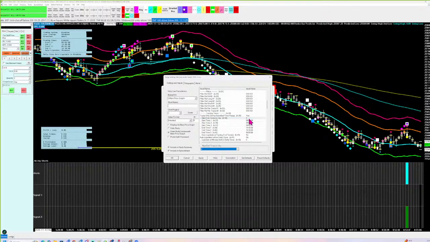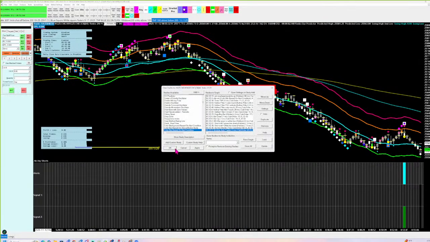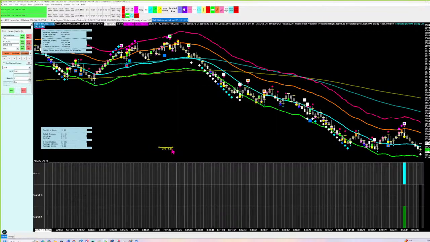And change your start and end times in use 1. Otherwise it'll give you that error. Should go away now. There we go. I gotta do the same on the longs.